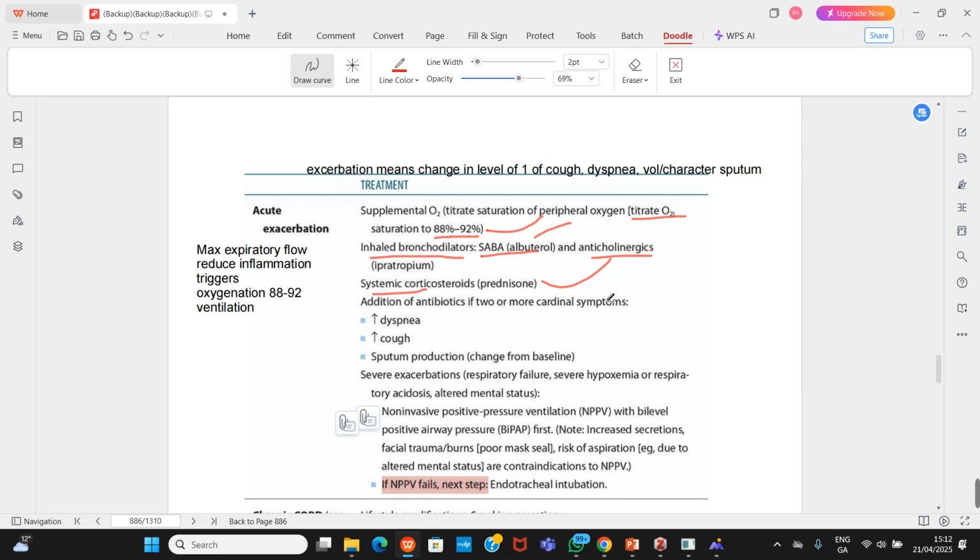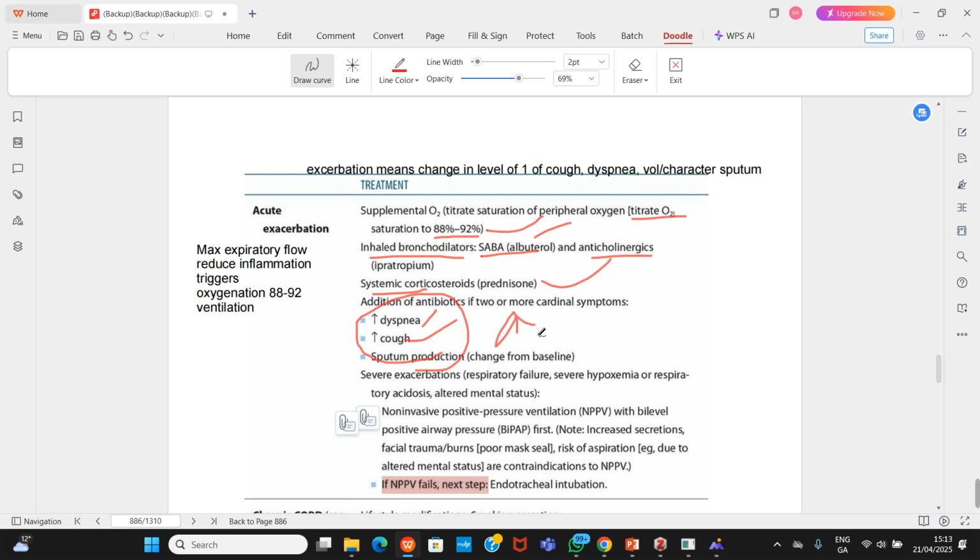Now, to decide if you are going to add antibiotics or not, you need to look at three things. Are they having difficulty in breathing? Are they having increased coughing? Okay, they are coughing. Is it productive with sputum? If any two of these are present, add antibiotics because it's likely to be from an infection. Are they dyspneic?